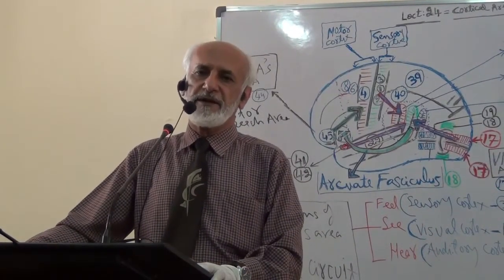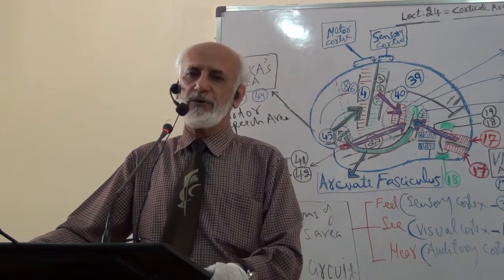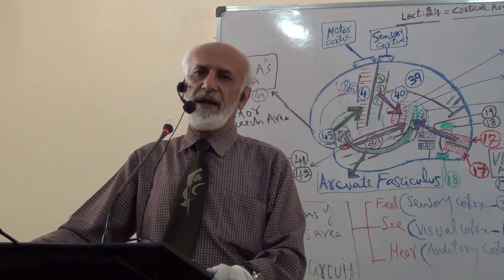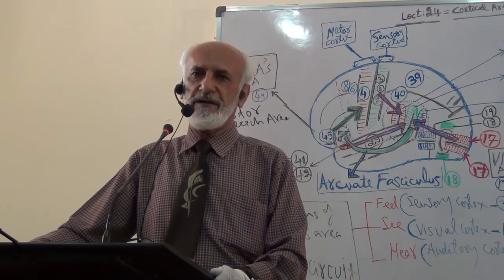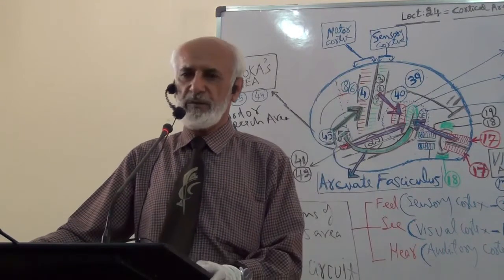Area 39 or 40, and of this, in many books, it is mainly the angular gyrus, area 39, which is considered the sensory speech area, and Broca's area is the motor speech area.